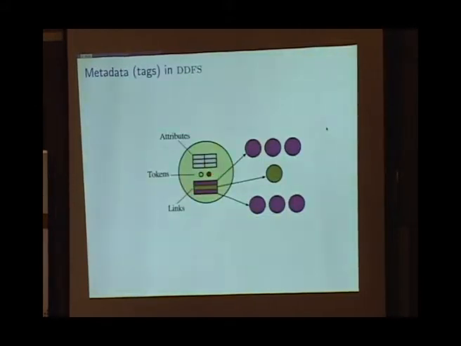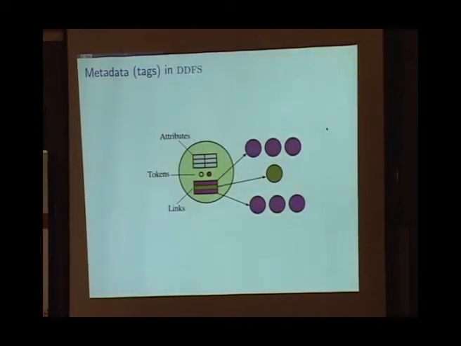This is what the metadata looks like in the file system. It's basically a collection of where your data is located. It's very simple. It points to the replicated blobs where they sit in the file system. It also points to other tags that are addressed by this tag.